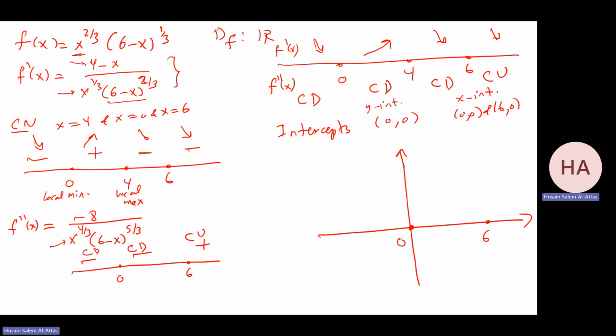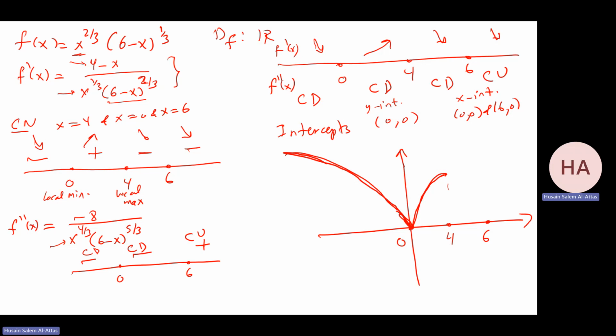Now, before 0, take a negative value. You're getting negative, positive, that will be positive, and it's decreasing and concave down. So it decreases, but it'll go like this. Between 0 and 4, it's going up and concave down, still concave down, up to 4.